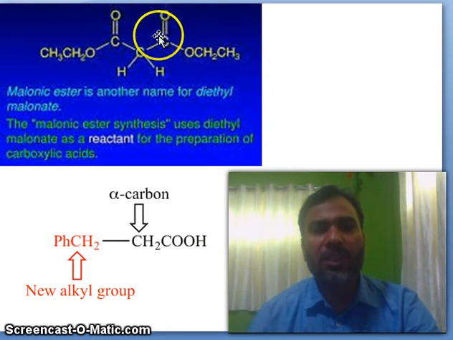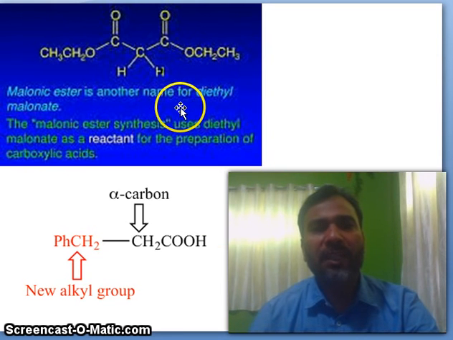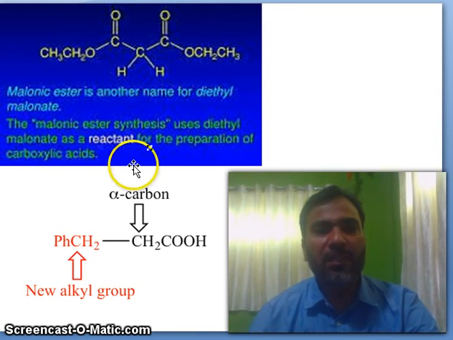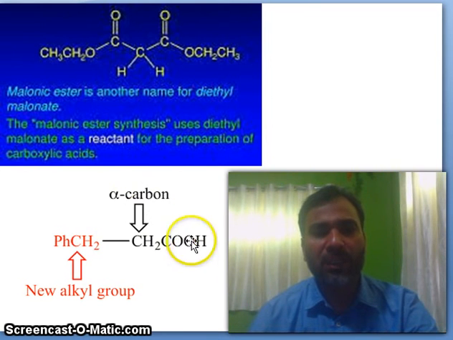Now you see the structure of malonic ester. Malonic ester is another name for diethyl malonate. The malonic ester synthesis uses diethyl malonate as a reactant for the preparation of carboxylic acid. You see, this is the carboxylic acid, and this carbon is the alpha carbon.